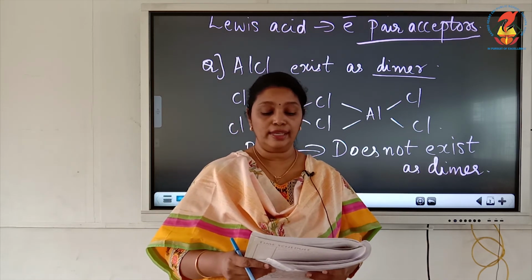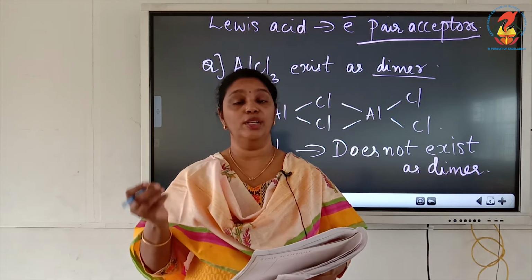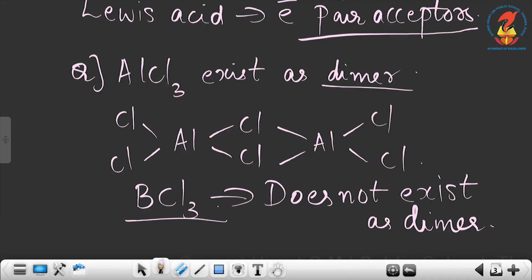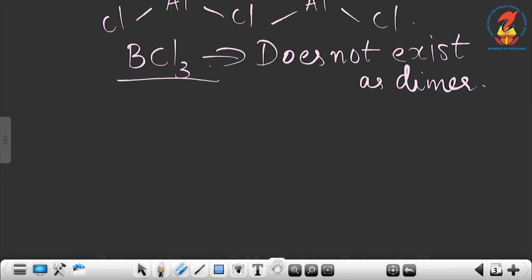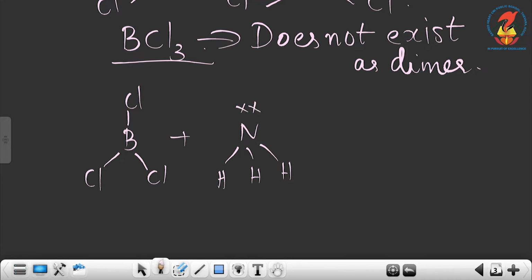Now, how does BCl3 attain stability? BCl3 will attain stability by combining with ammonia. And we know in ammonia we have a lone pair on the nitrogen atom which can be donated to boron. So we get an addition product, and I will show that reaction of BCl3 with ammonia. BCl3 has a trigonal planar structure, plus ammonia with a pyramidal shape and a lone pair on nitrogen, and this lone pair will be donated, means a coordinate bond is formed to BCl3.